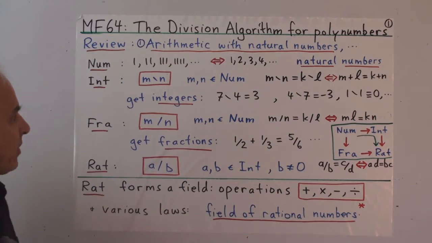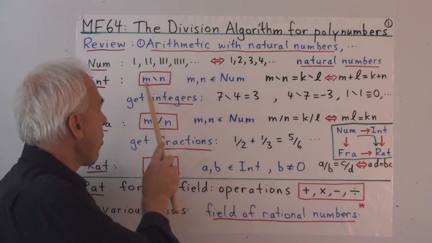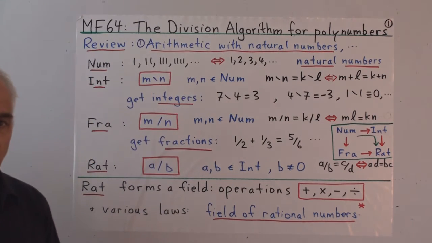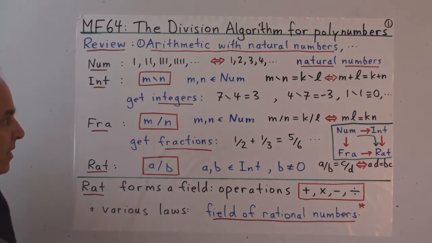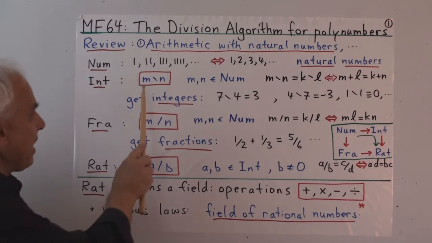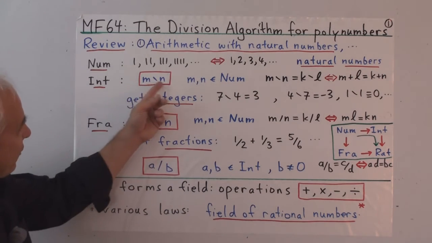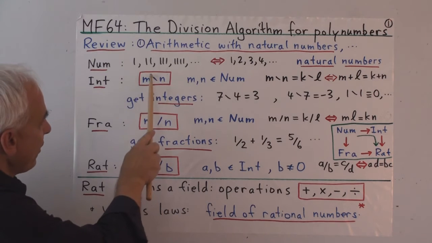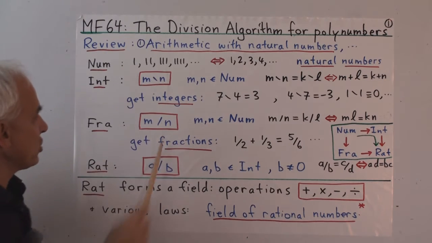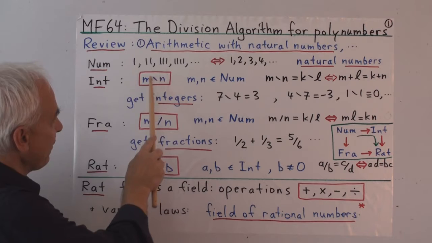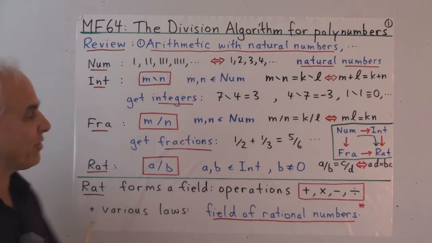Let me remind you that what we did is we chose ordered pairs of natural numbers to be integers. So the ordered pairs, say m and n, we like to write in this notation: m and then sort of a downward slash n. And we're thinking of this as being a little bit like subtraction.